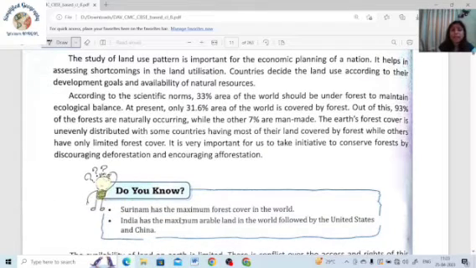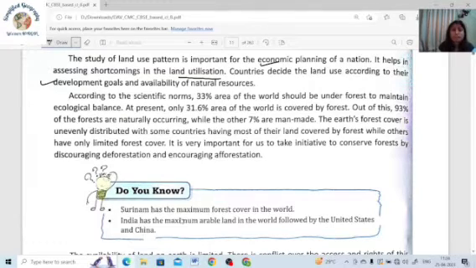The study of land use pattern is important for the economic planning of a nation. It helps in assessing shortcomings in land utilization, and countries decide the land use according to their development goals and the availability of natural resources.